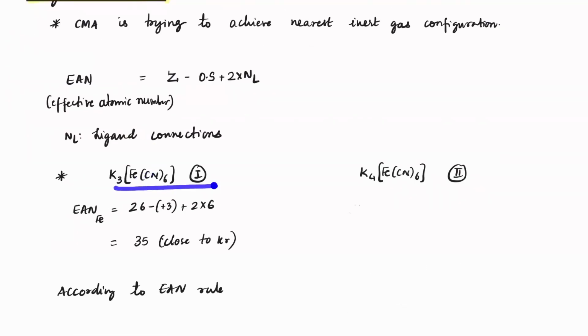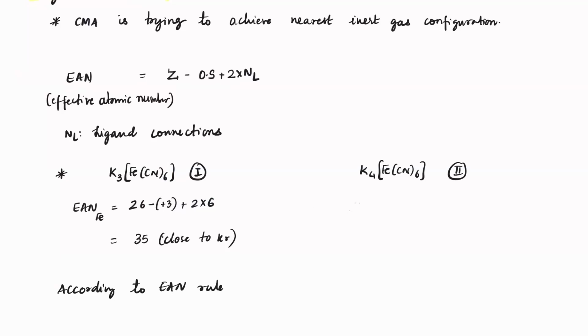So, for example, if you notice this one, K3[Fe(CN)6], the atomic number of iron is 26. The oxidation state of iron, which is primary valency, is plus 3, plus 2 times the secondary valency, which is the number of ligand connections, 6 into 6. So that makes it 35, which is definitely close to krypton.